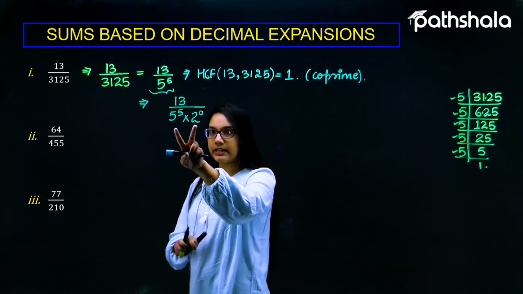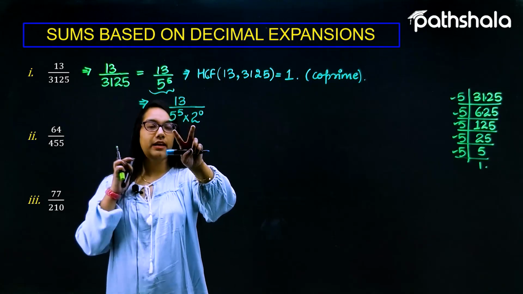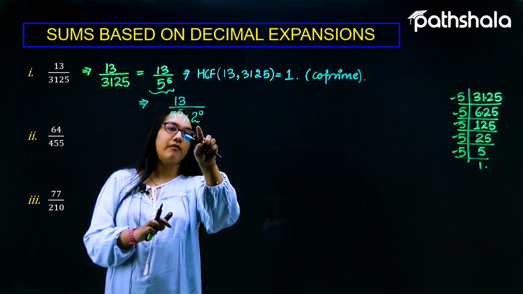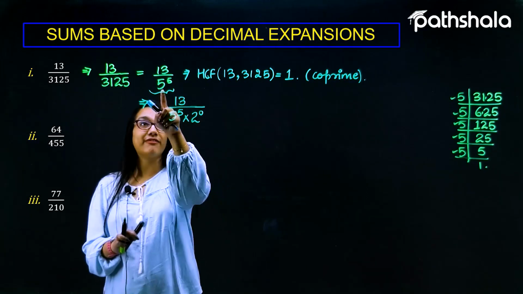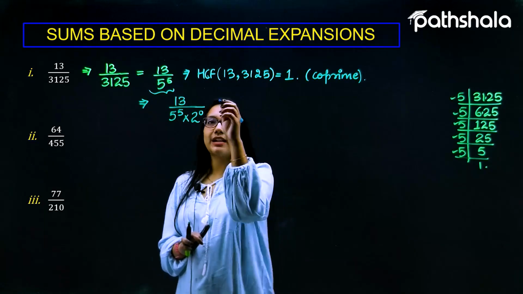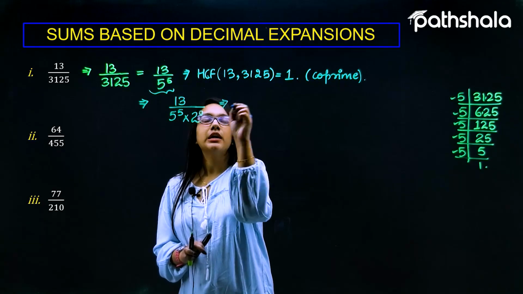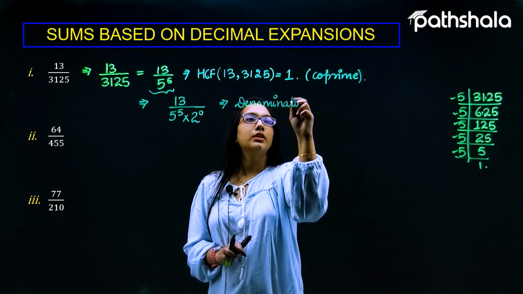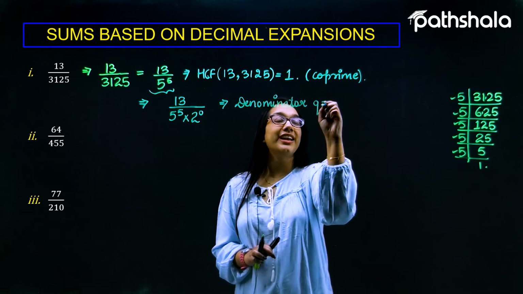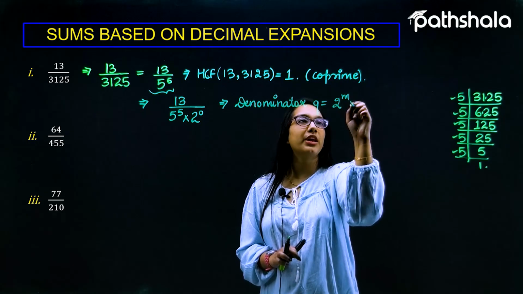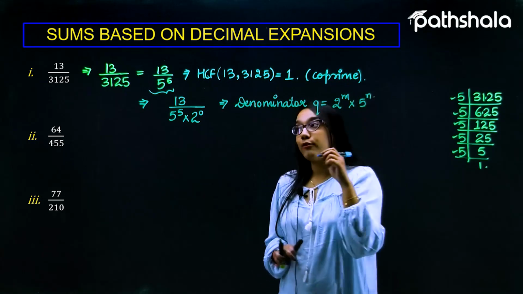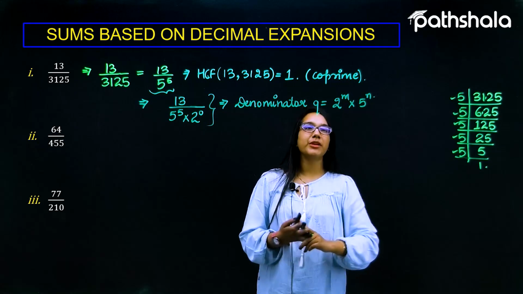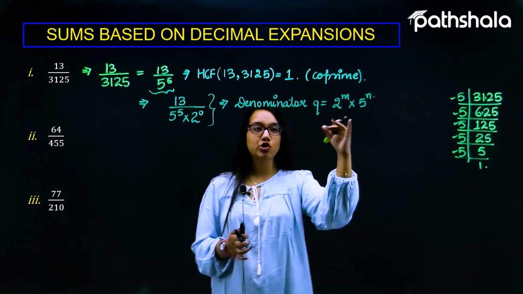It means that it is totally justified to write 5 raised to the power 5 as 5 raised to the power 5 into 2 raised to the power 0, because at the end it will again be 5 raised to the power 5. From this expression, we can say that the denominator q can be expressed as 2 raised to the power m into 5 raised to the power n.